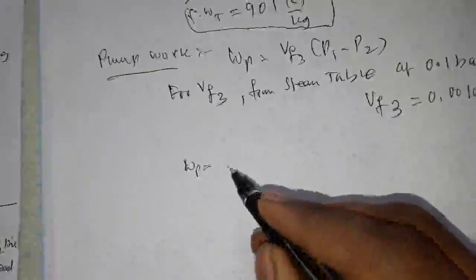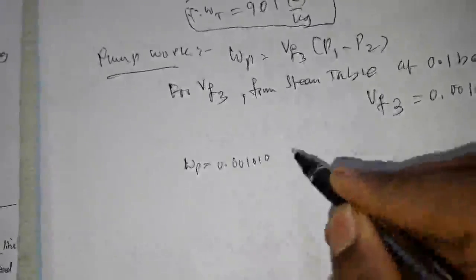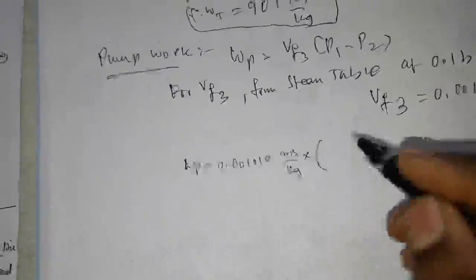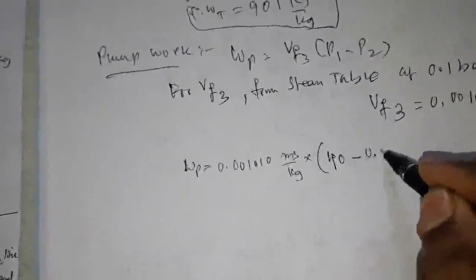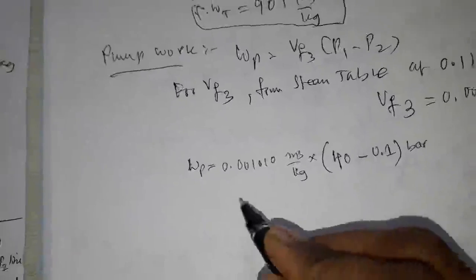WP is equal to 0.001010 meter cube per kg times pressure P1, which is 40 bar, minus condenser pressure P2, which is 0.1 bar.